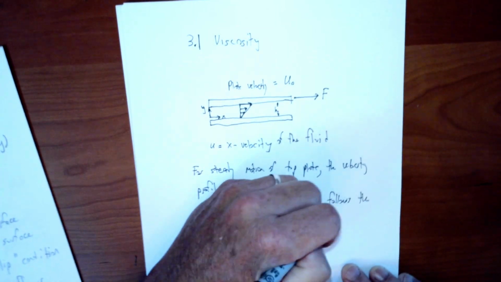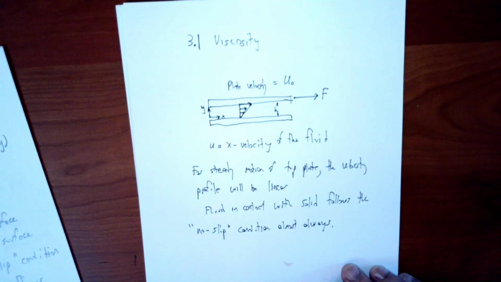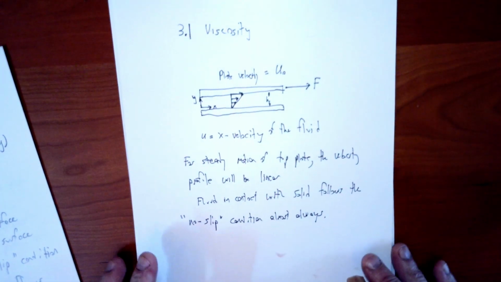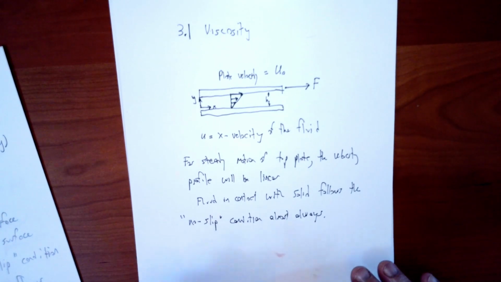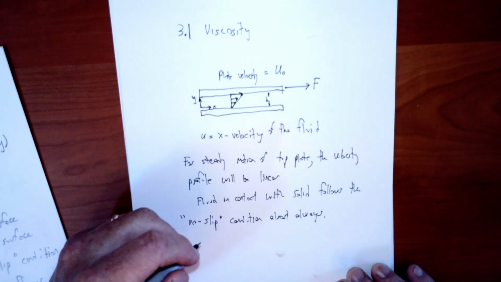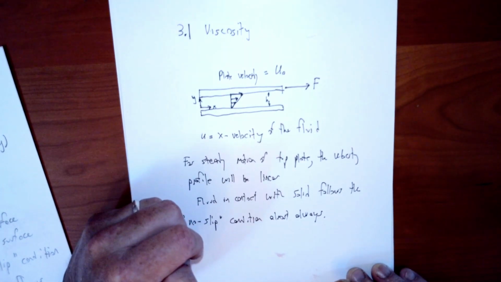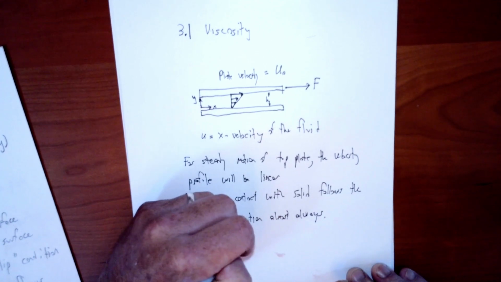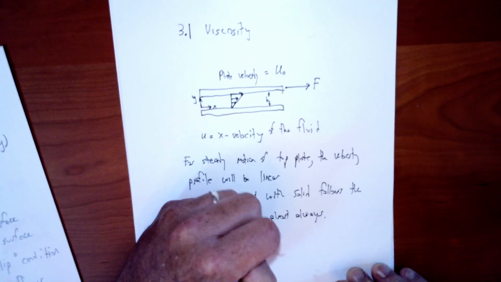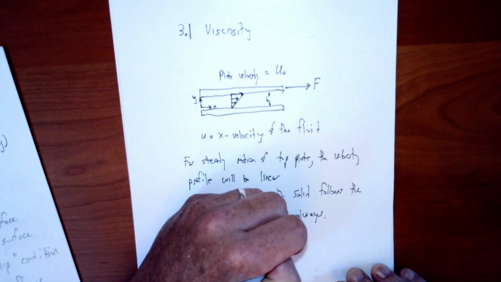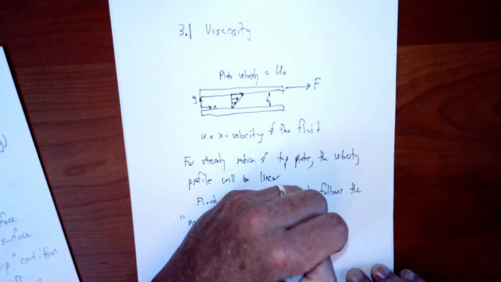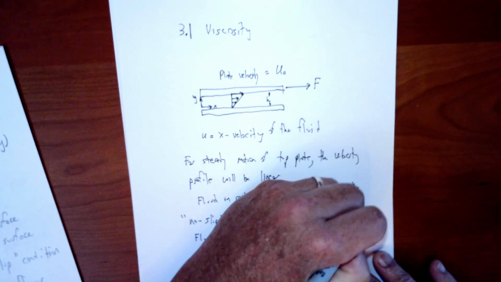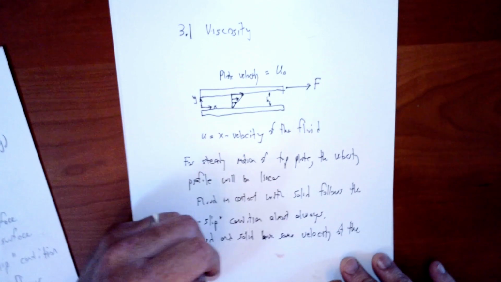So lacking other information, you should assume that if there's a fluid in contact with a solid, that the fluid is no-slip. And what that means is that the fluid moves at the same velocity as the solid. Fluid and solid have the same velocity at the interface of the two.